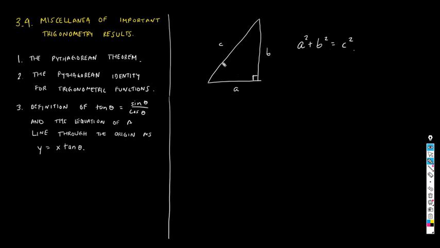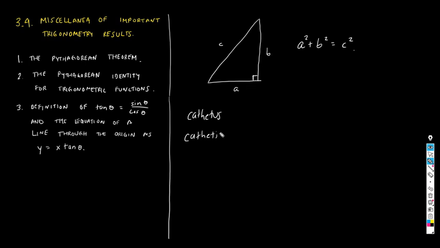I want you to start using the names for these sides. Remember, when you're talking about a right triangle, this side and this side are called catheti. Let me write that down. Cathetus is the singular. For example, A is a cathetus, B is a cathetus, and A and B are catheti.